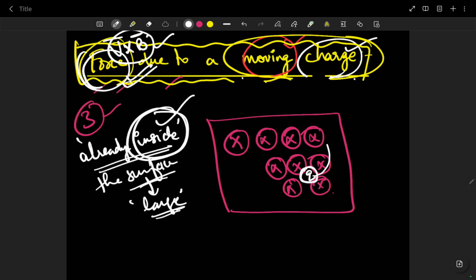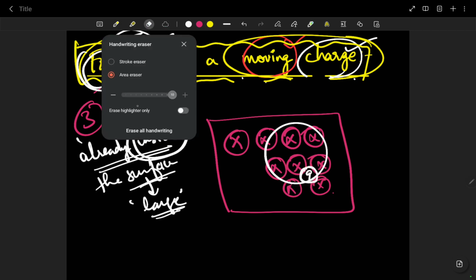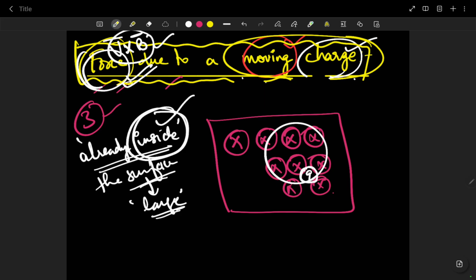This charge will actually follow a circular path, that I have drawn. This circular path looks like this, the white color I've used over there. Here I'm just taking an example. For example, this is the velocity, right? Can you tell me at this point where the force is going?